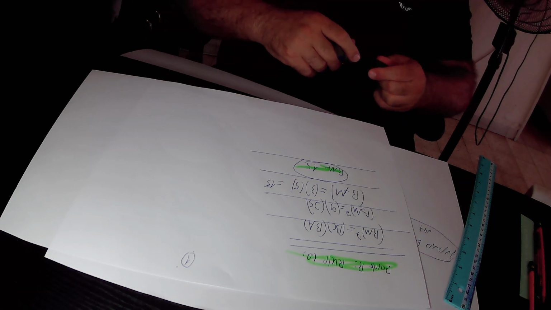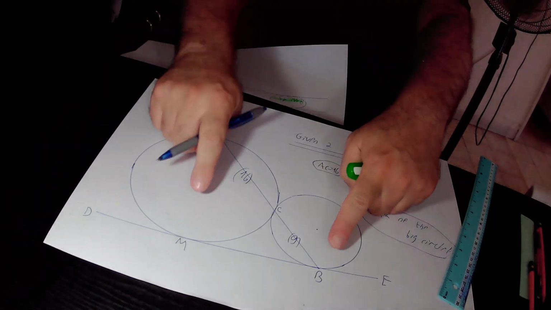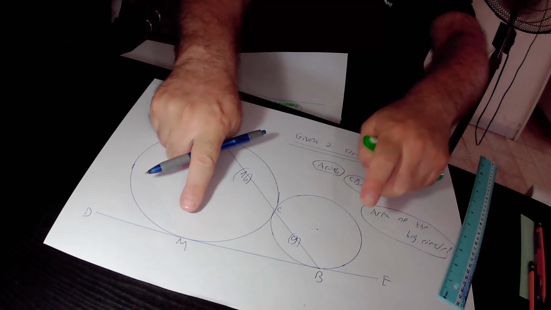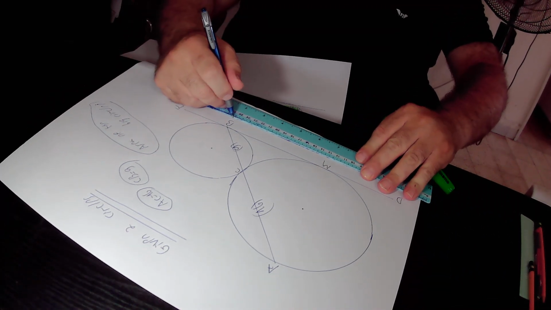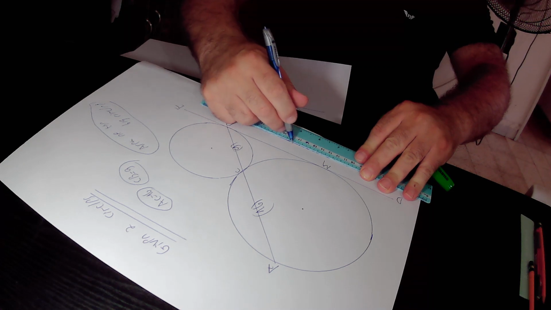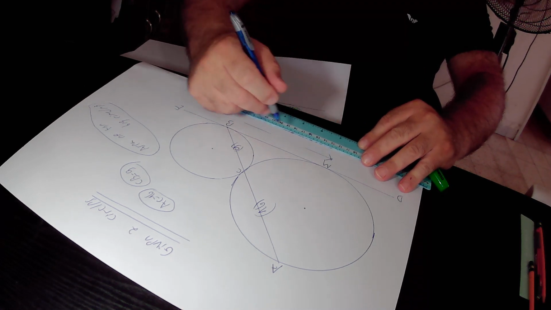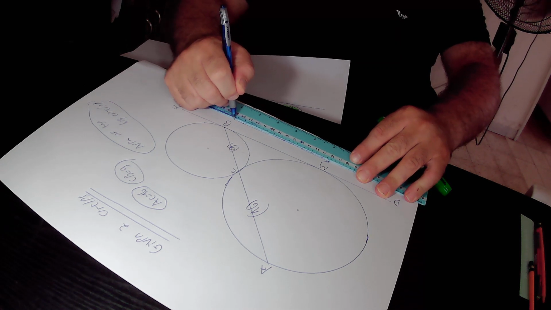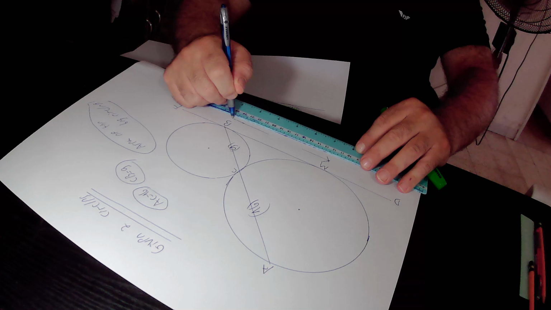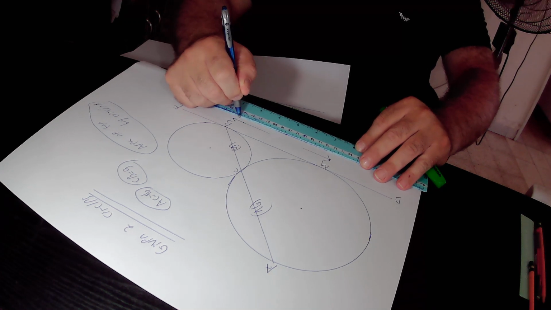So actually, this is tangent BM, the length of tangent BM is 15 units.